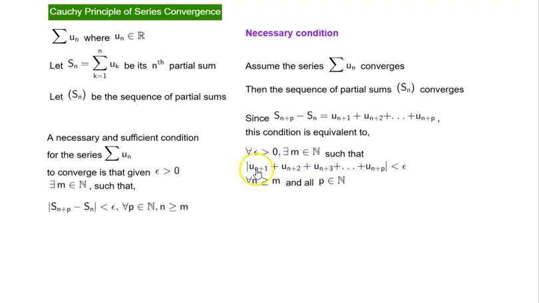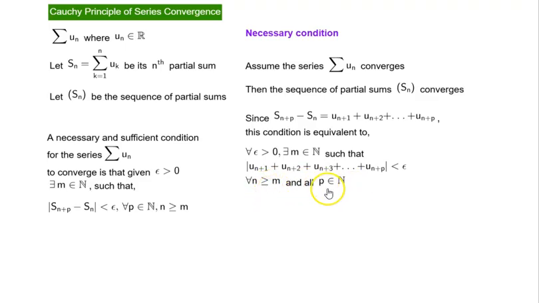So here, remember we are starting from n plus 1 and we are taking the series up to n plus p. So this series is less than epsilon for all n greater than m. That means such an m exists.